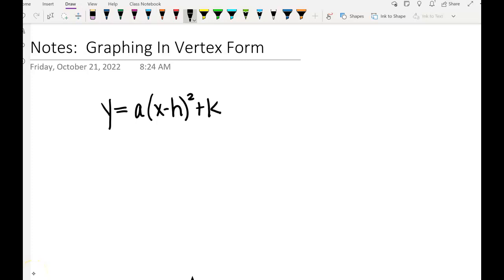There's only about half of us that have the actual name. This is a quadratic function, so a lot of you put that. But this is specifically the vertex form of the quadratic function.